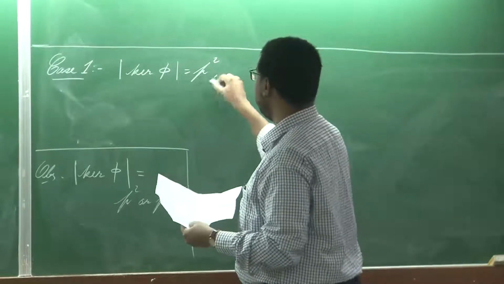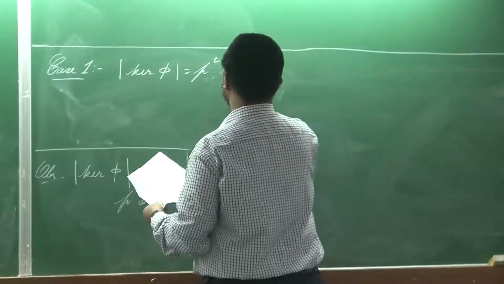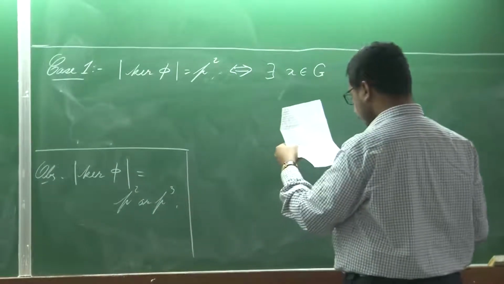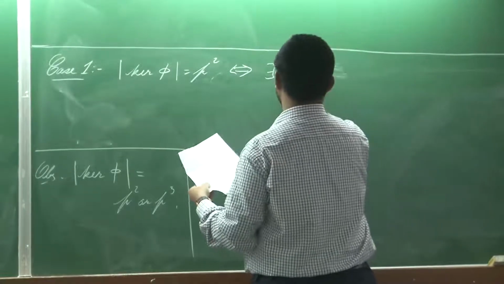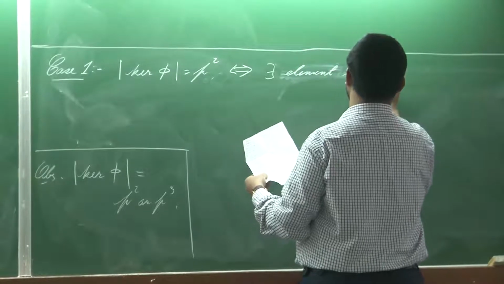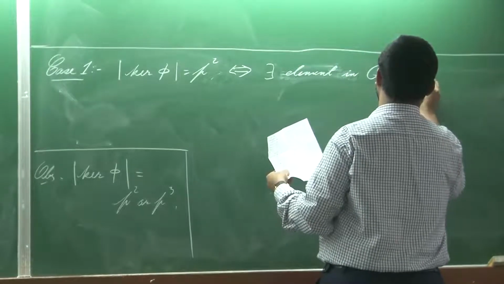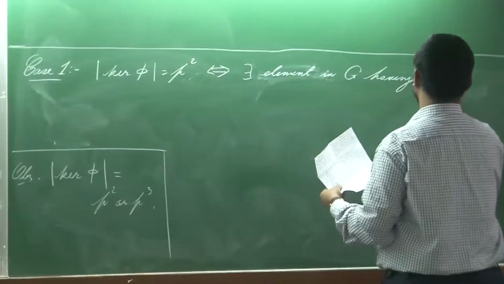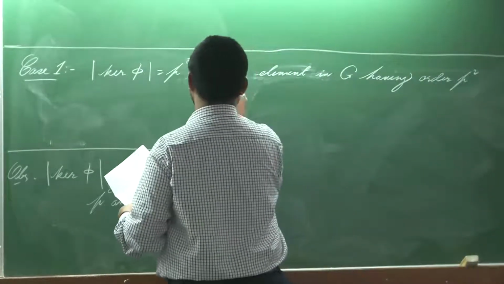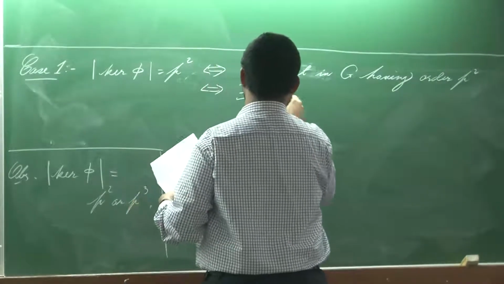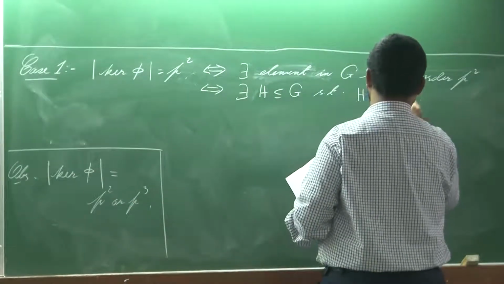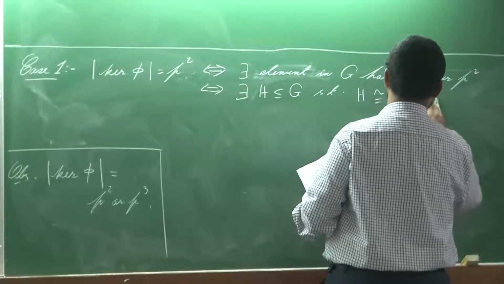Equivalently, there is an element in G having order p square, or again, which is equivalent to saying there exists a subgroup H of G such that H is isomorphic to Z modulo p square Z.